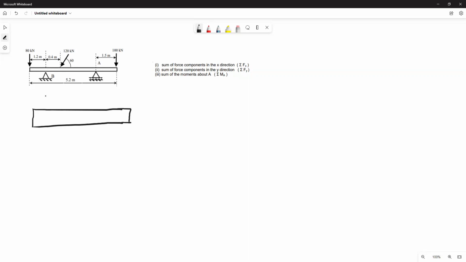So we know by removing the roller support, there'll be a force here, which I'm going to call YA. And by removing the fixed support, there's going to be a force here called YB.